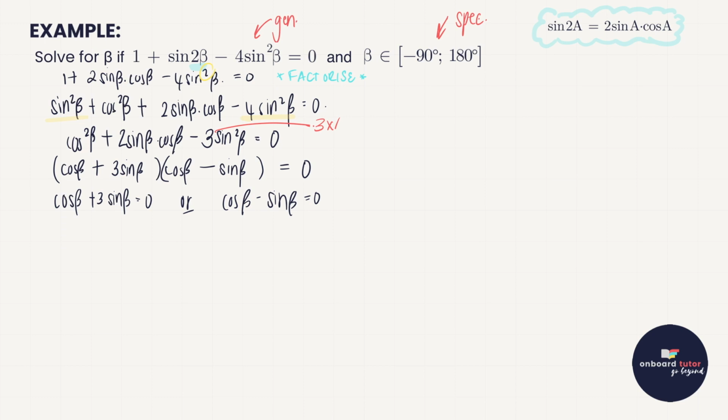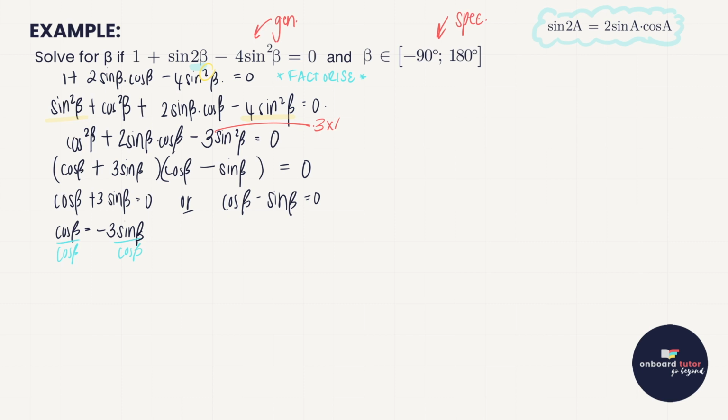Let's start with this first one. Let's take the 3 sine beta across. So cos beta is equal to minus 3 sine beta. And then if you remember from last year, what we like to do if you're sitting with a cos and a sine is that you can actually divide both sides by a cos. Why do we like to do that? Because sine over cos becomes tan.